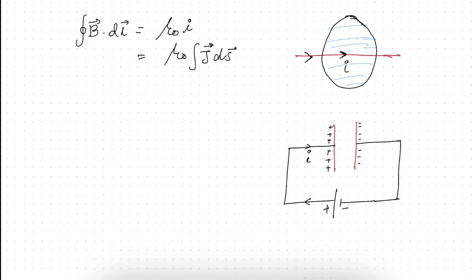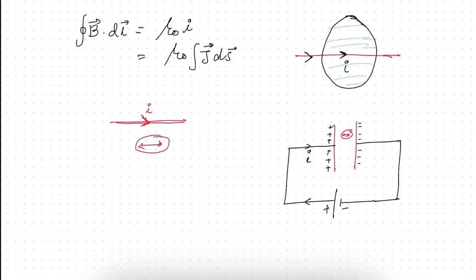Oersted showed that when you bring a magnetic needle near a conductor and current flows through it, it shows deflection. So here as well, the compass will show deflection.